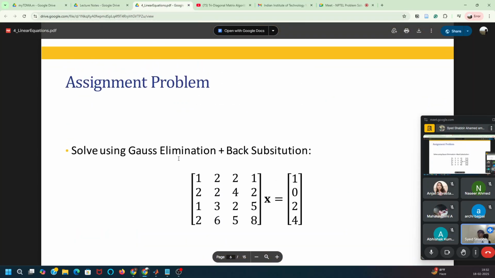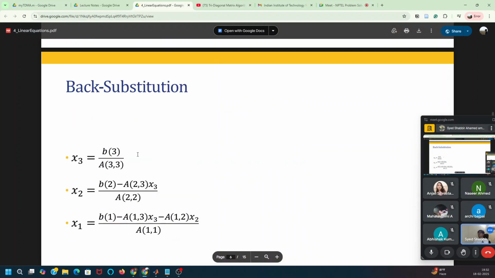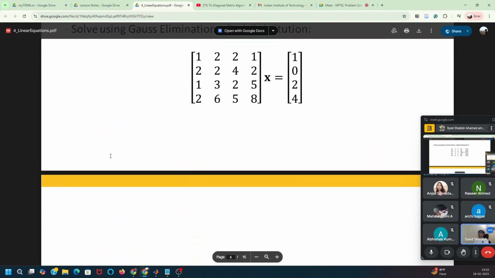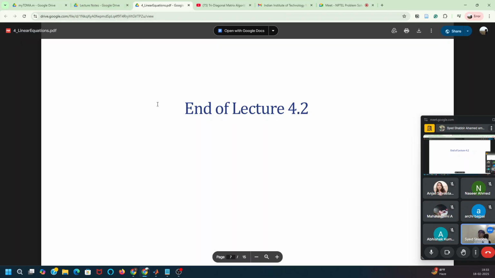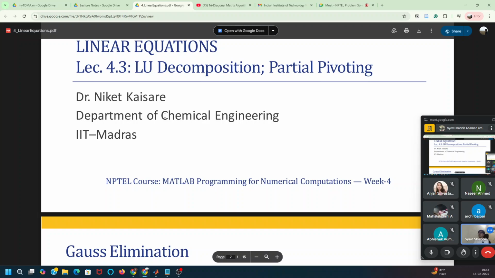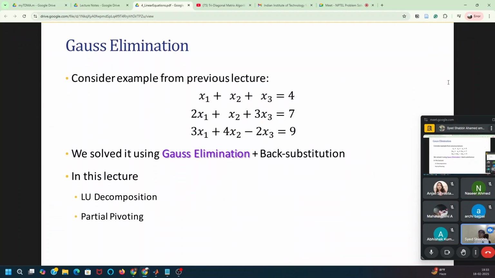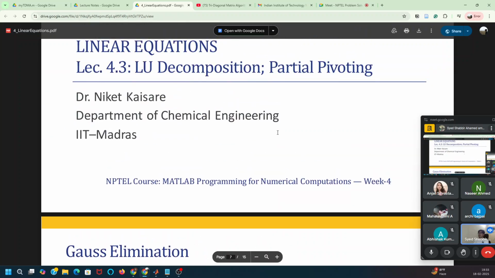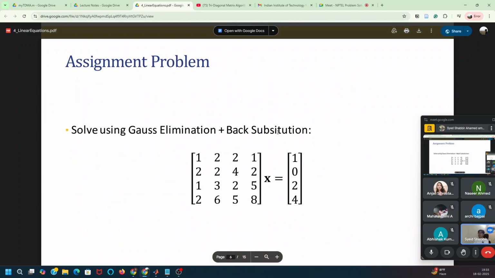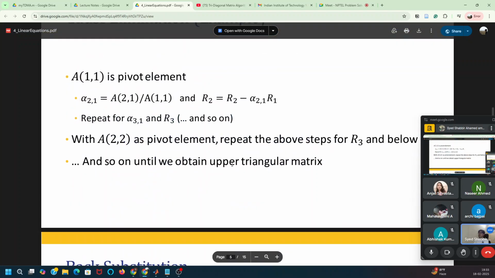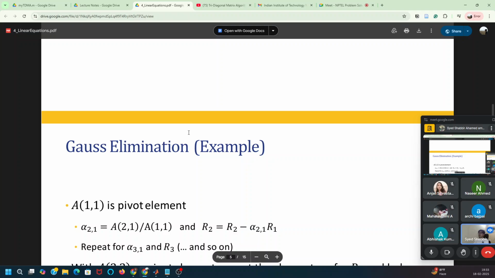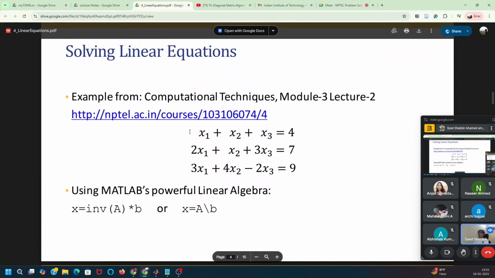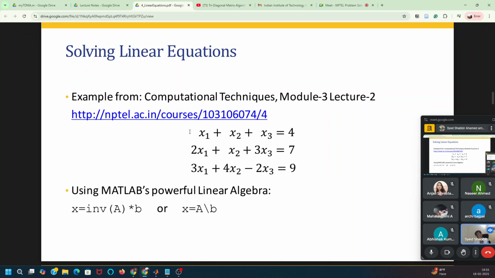I think you have understood it. If anybody has any questions in Gauss elimination, please ask me. I'll clarify it here and now, so that we can move forward without any confusion.